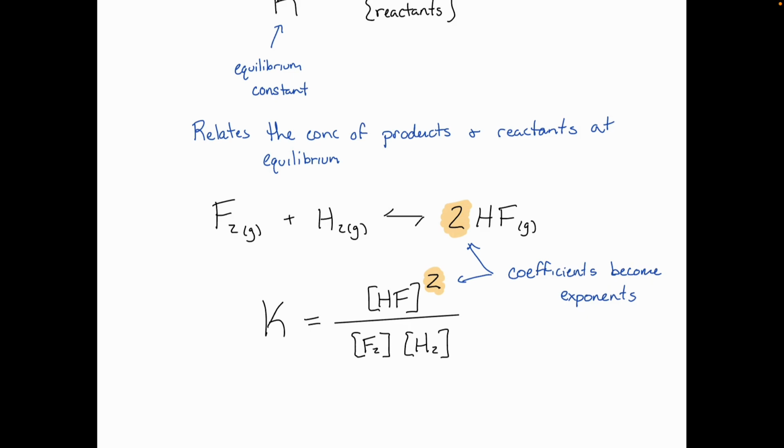Okay? That's why it's incredibly useful, right? Because then we can tabulate all these values for all these reactions, and you can figure out the ratio of product to reactants at equilibrium. All right, so before we move on, because again, this is probably the most important part, I'm just going to put down 2 chemical reactions, and y'all are going to build me the equilibrium expression for those chemical reactions.